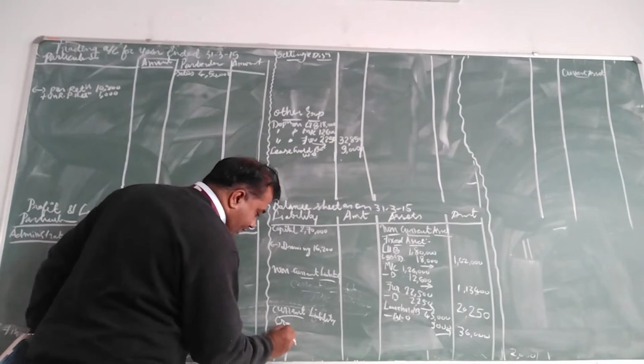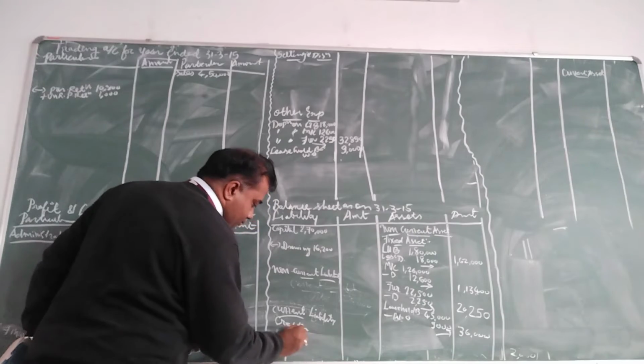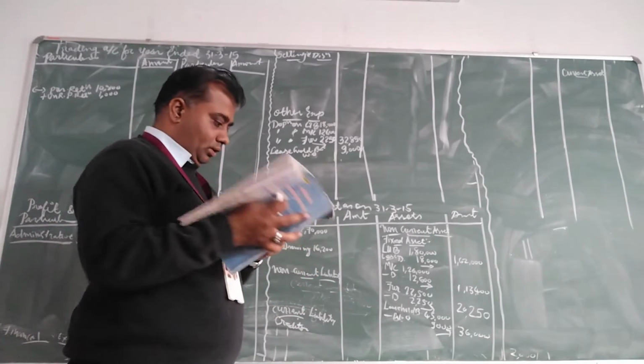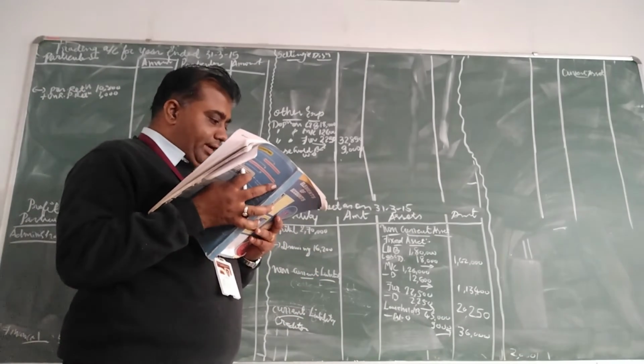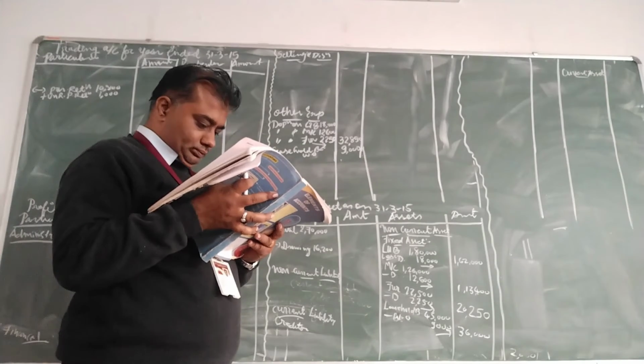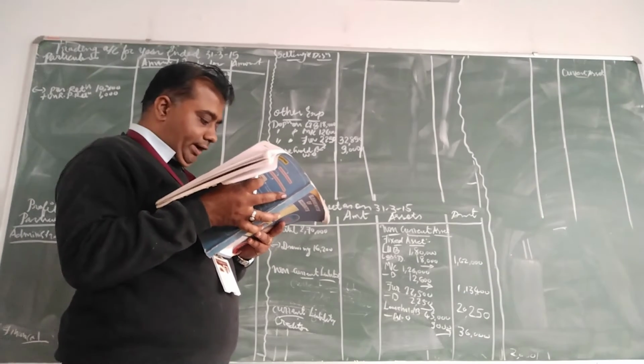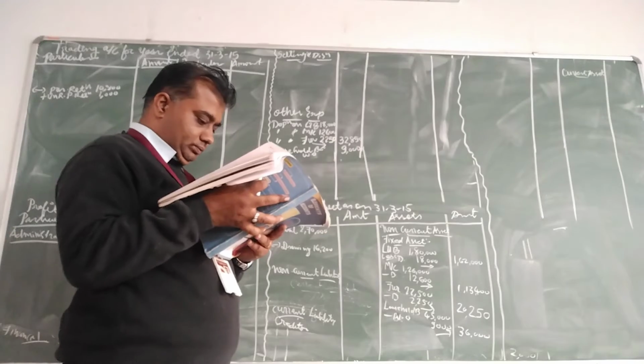So first we write the creditors. What is the amount of creditor? 28,200.